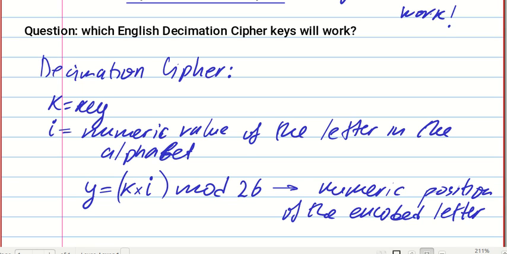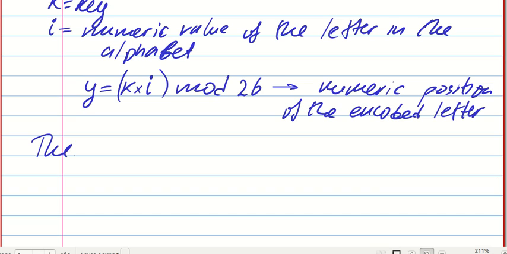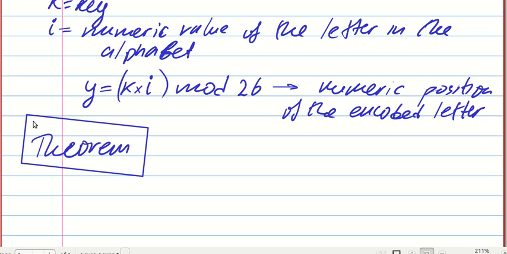So by using the previous review, we have this theorem, a consequence of the review.